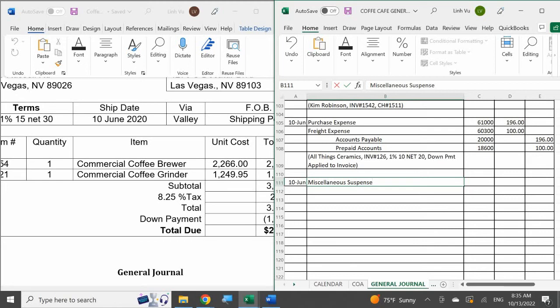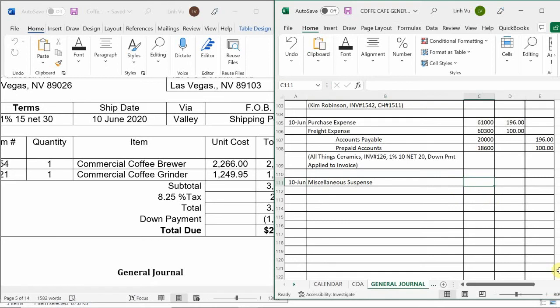So I created a random account called miscellaneous suspense, and I want to just put it in there. So it's just a random placeholder account. And we owe money now, and we also need to apply our down payment.